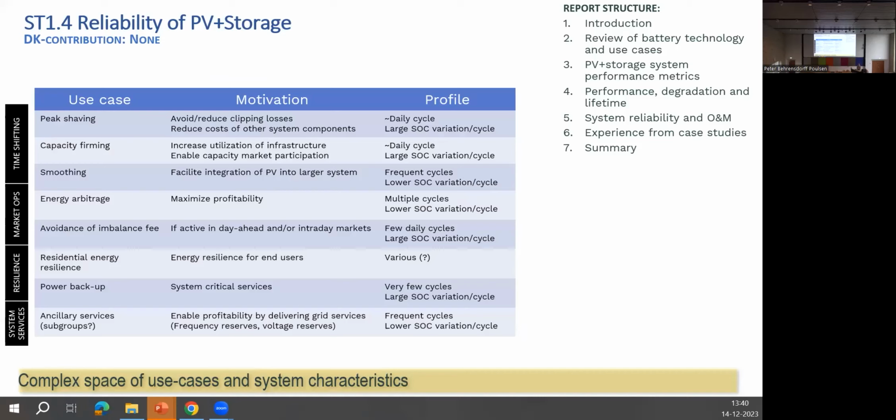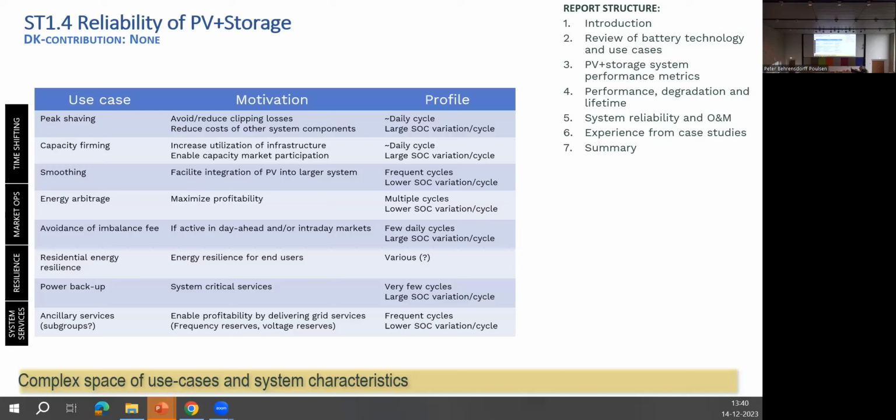But to have a discussion on metrics and O&M and so on, a battery system cannot be decoupled from the type of installation or type of use of the battery. So you have to consider the specific use case.